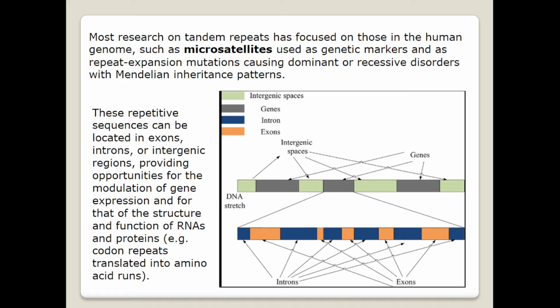Also, when we speak about polymorphism, we need to understand where this polymorphism is located. And on this slide, you can see many different positions or many different parts in our genetic material, in our chromosome or DNA.